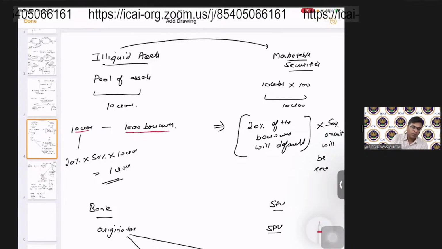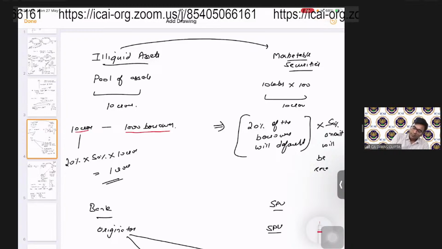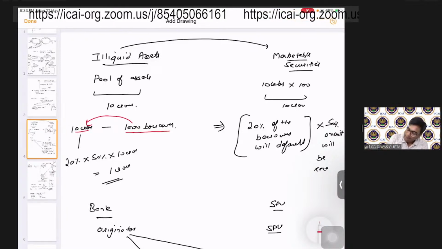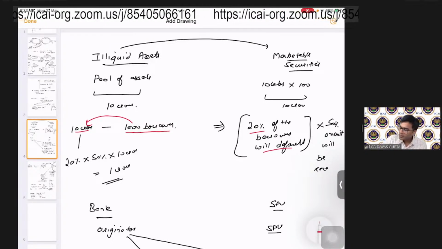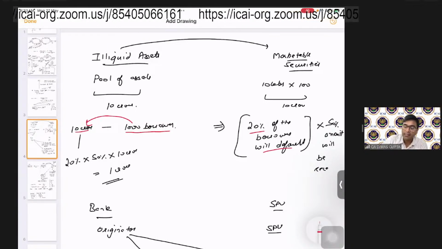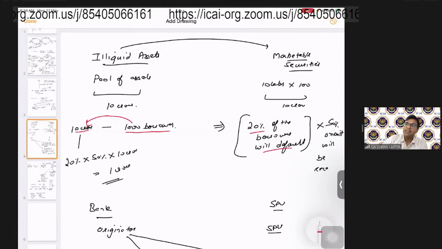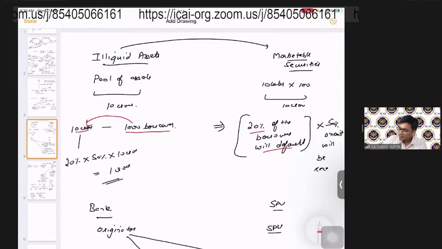Let's take an example of 1,000 borrowers, and to them we have given 10 crores, right? So 20% of the borrowers will default. Let's say that is the probability, basis their credit status and a lot of things, we know that 20% of the borrowers will default.